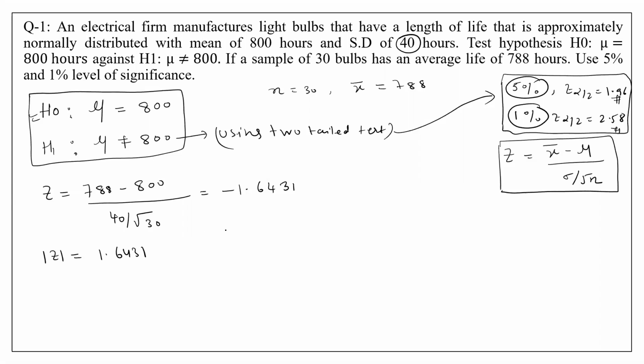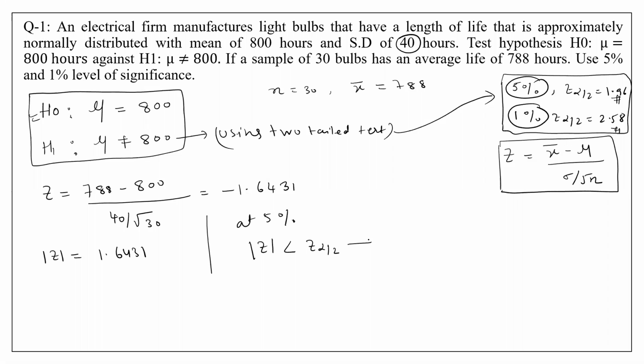So now at 5%, your mod Z value is 1.6431, which is less than 1.96. So this is less than Z alpha by 2.